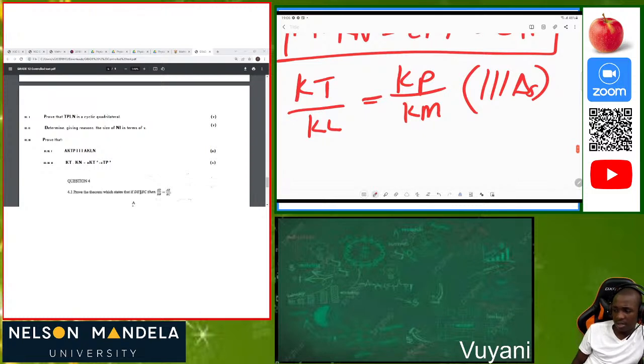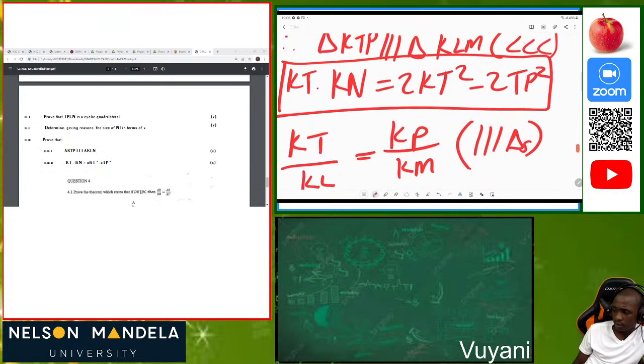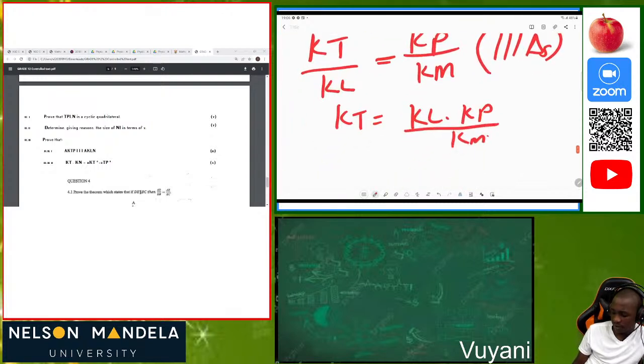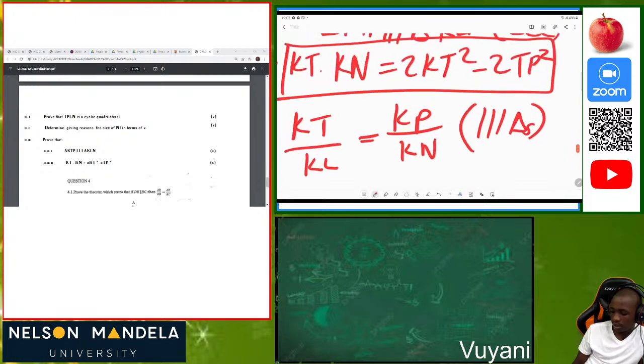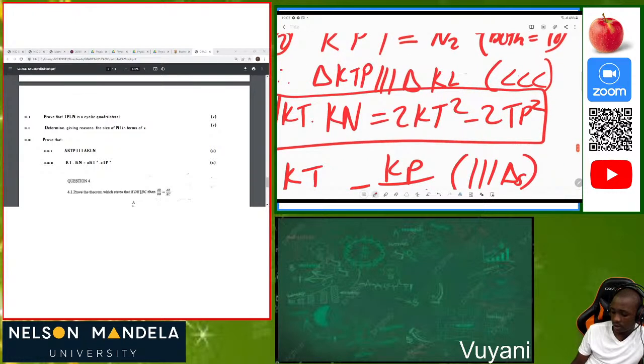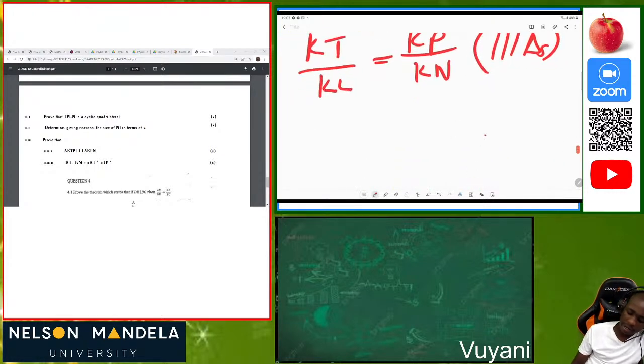So now KT would be equal to KL times KP divided by KN. Sorry, let me fix that, it's N, not M here. I made a mistake. So we have KT times KN is equal to KL times KP.